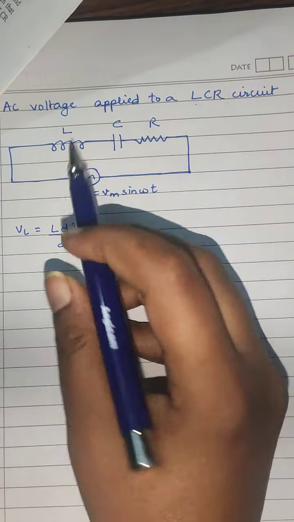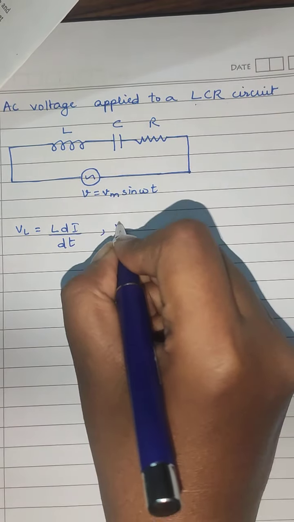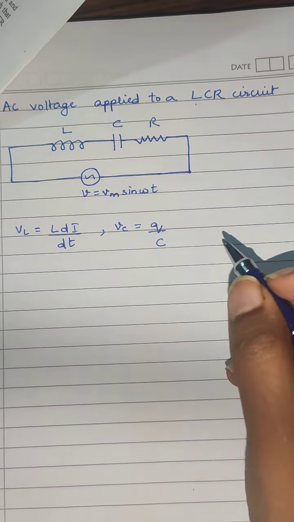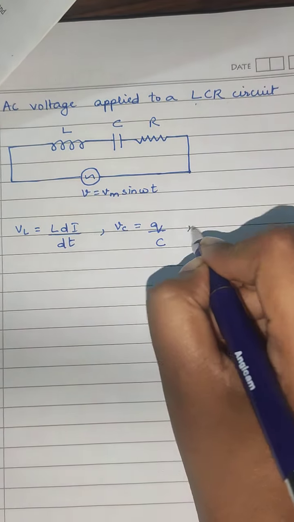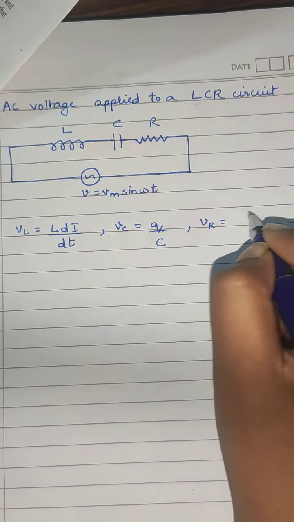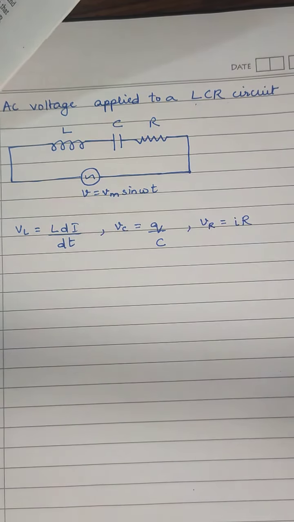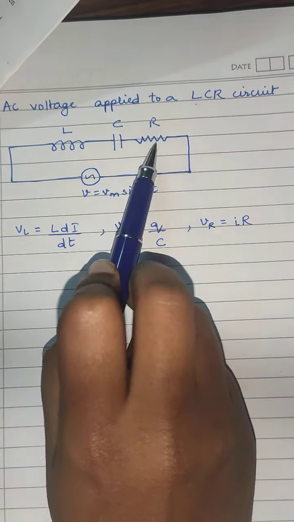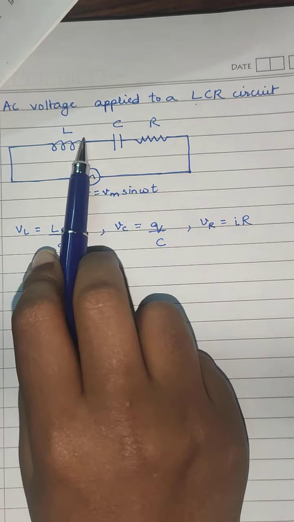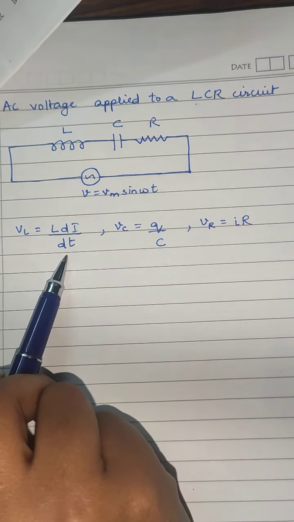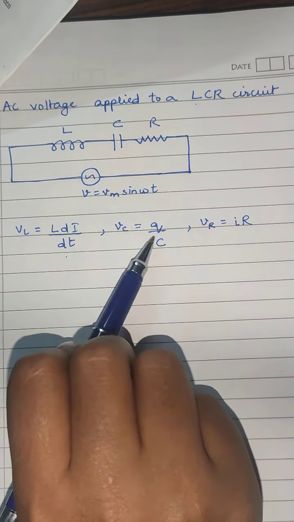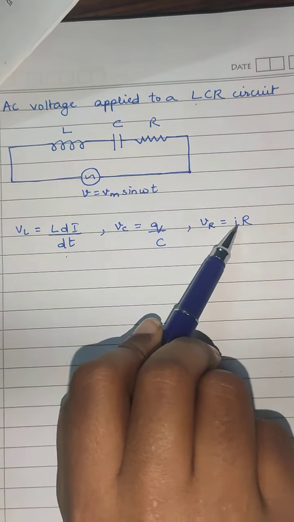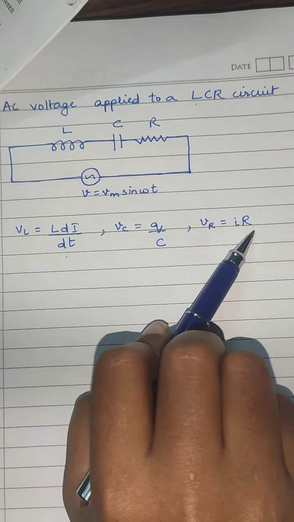The voltage across the capacitor is Q by C, charge upon capacitance, and the voltage across the resistor is IR, current into resistance. So voltage across the inductor is L di by dt, across the capacitor it is Q by C, and across the resistor it is IR.